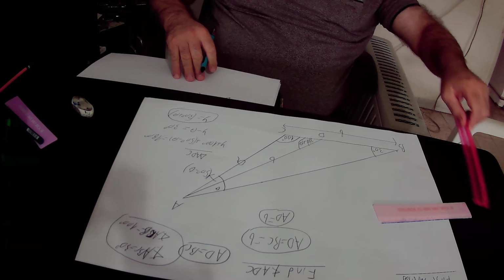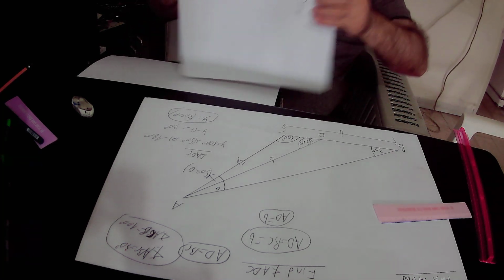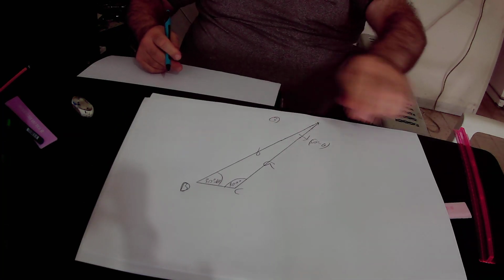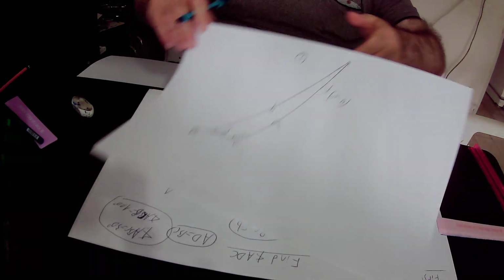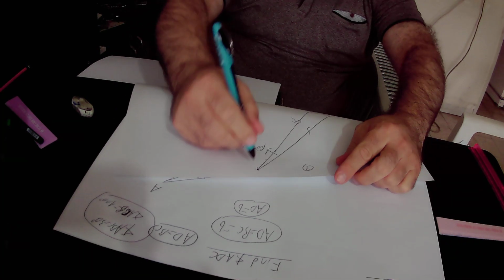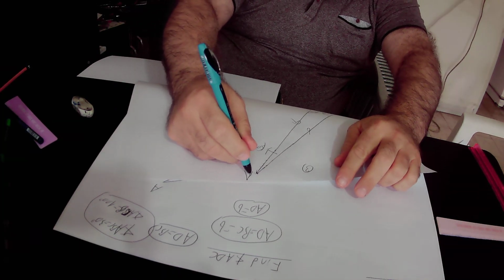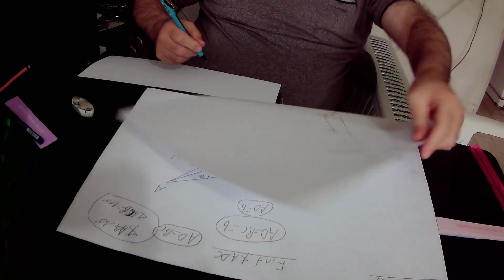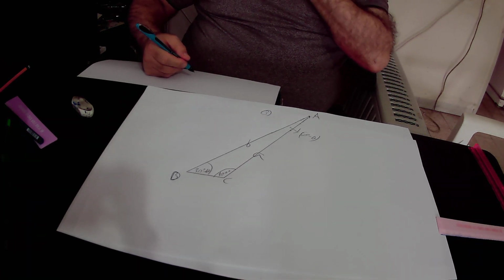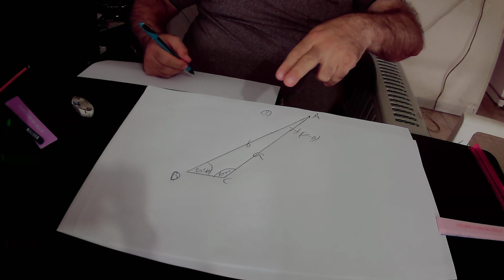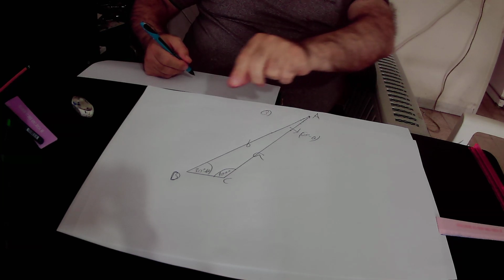So this is triangle ADC that I copied from the original drawing. This is point A. This is triangle ABC. We will implement the law of sines in this triangle ABC.